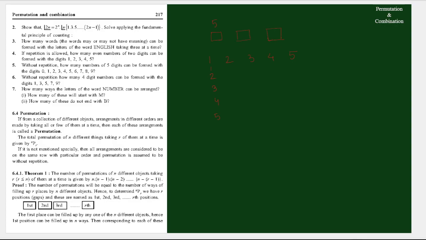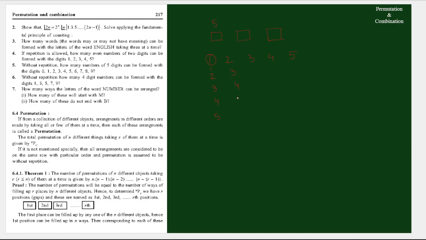But after setting the first digit, one of the 5 digits has been used. So the remaining 4 digits are the options for the second place.